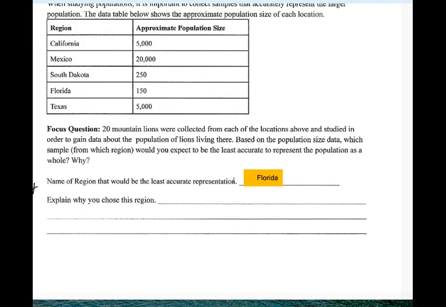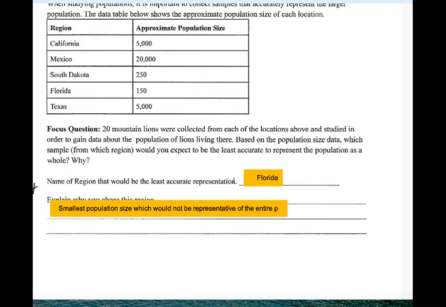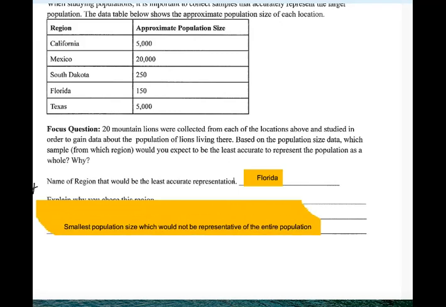It's because it has the smallest population size, which would not be representative of the entire population. Okay. Get that written down.